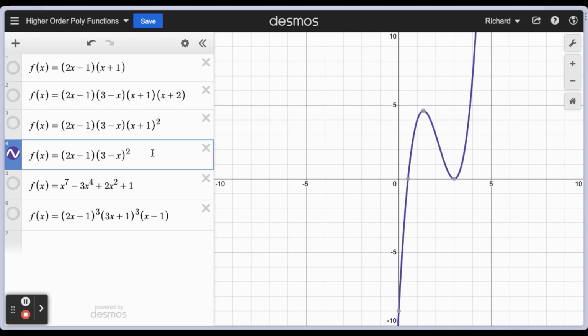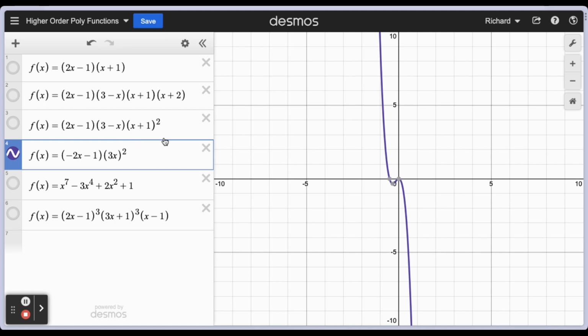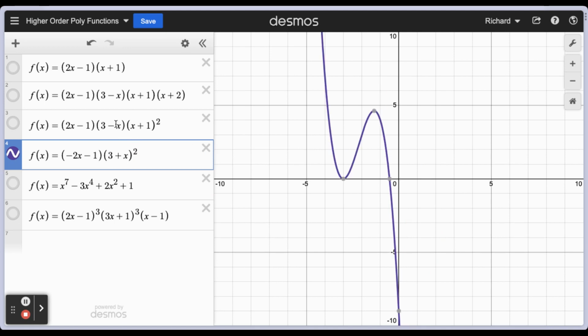Oh, yeah, thanks. If I make that negative 2x plus 3. So if I have an odd power, the x cubed term is negative, just like it was in the cubic. I had to rearrange things a bit to make that happen. But you can see it appears up here now.